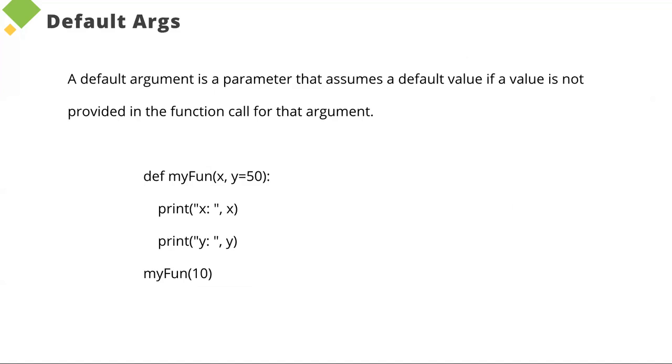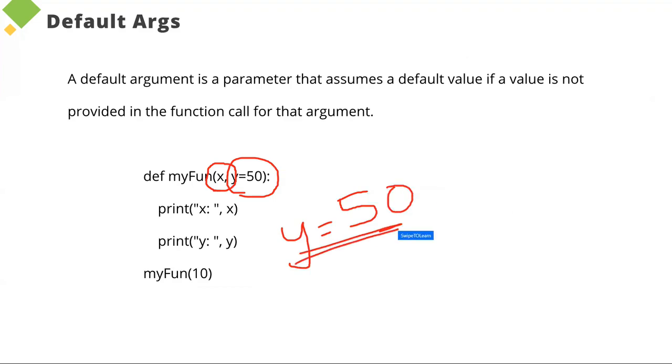Firstly, the default argument. As I told, the function takes x, comma, y equals 50. At the time of the parameter declaration itself, if you declare y equals 50, you don't need to specify that parameter.